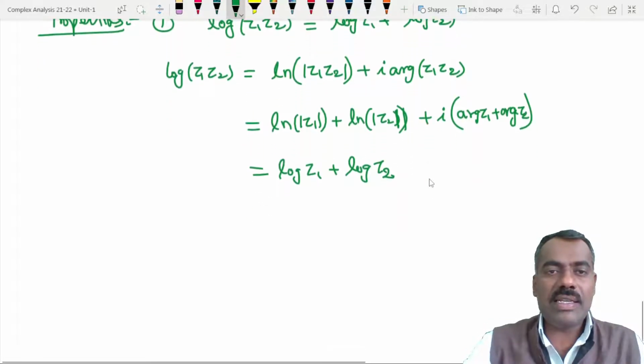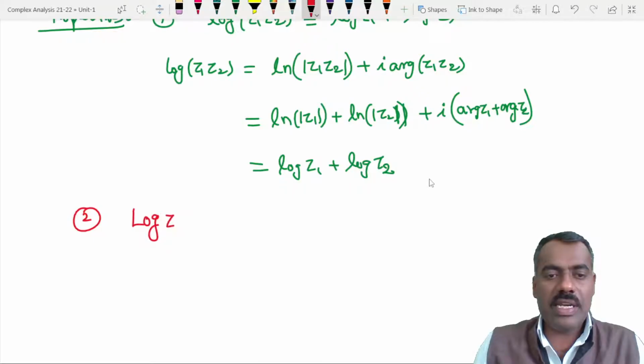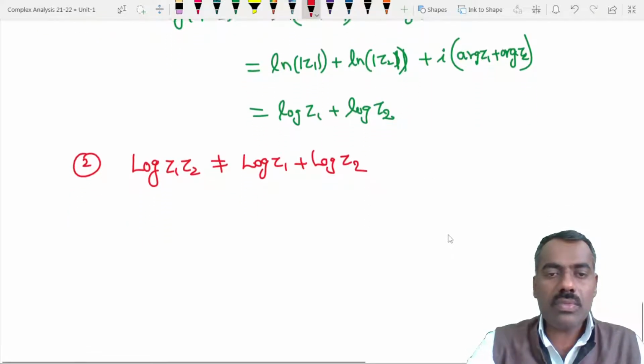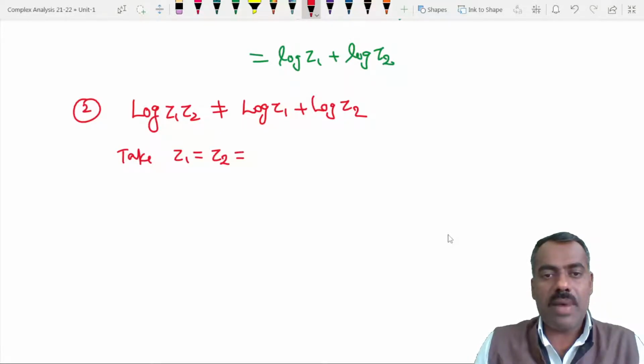But this is for the general argument; for the principal value, as we have seen, the principal log of z1 z2 is not equal to log of z1 plus log of z2. To verify, take z1 equal to z2 equal to minus 1.